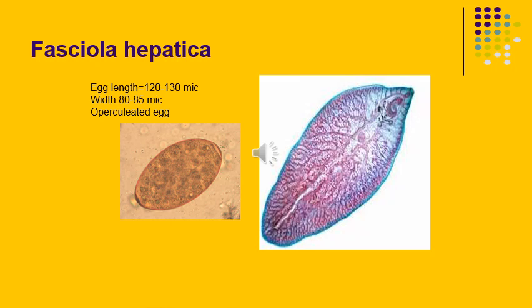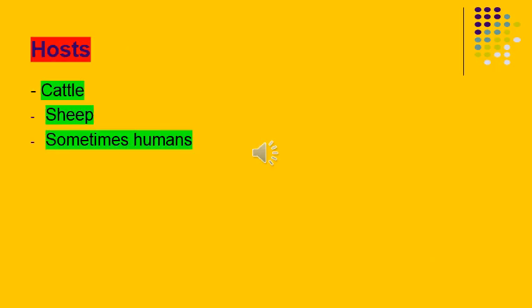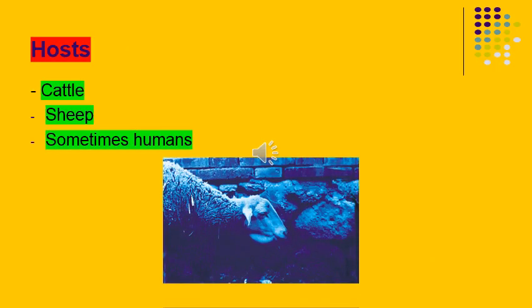After some days, the operculum will open and the miracidium will be released. The important hosts of this worm are cattle, sheep, and sometimes humans.